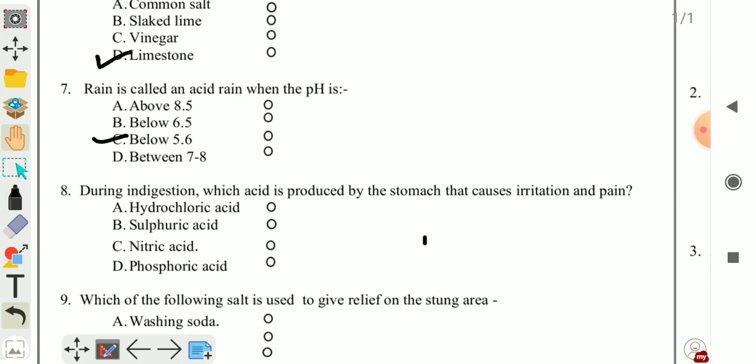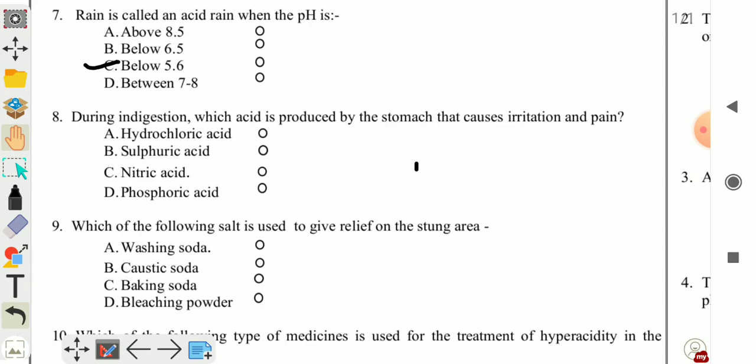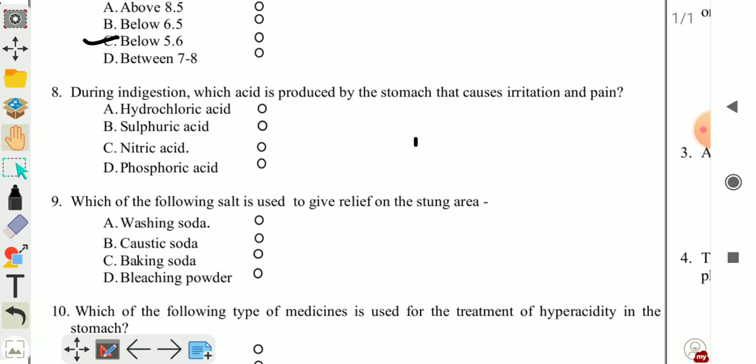During indigestion, which acid is produced by the stomach that causes irritation and pain? The options are A. hydrochloric acid, B. sulfuric acid, C. nitric acid, and D. phosphoric acid.